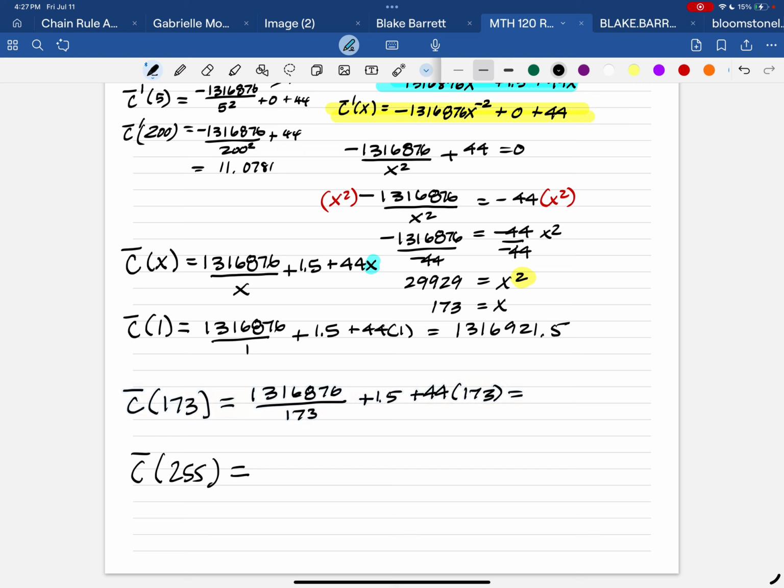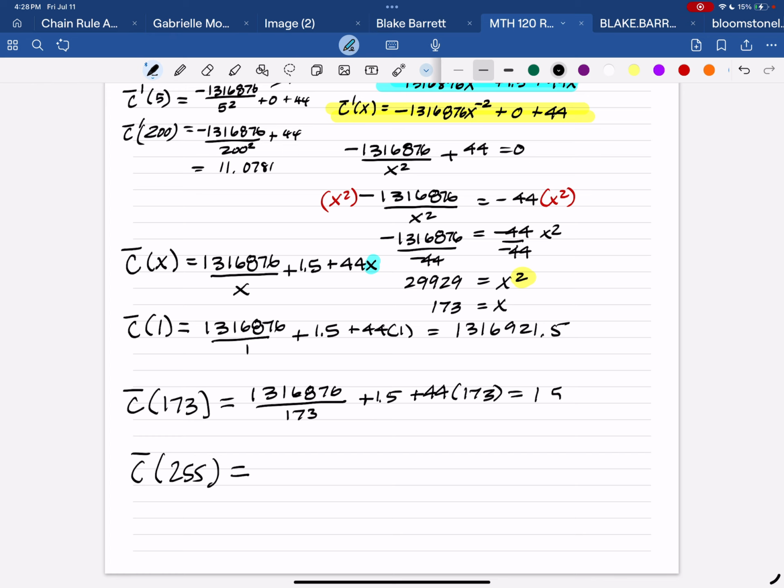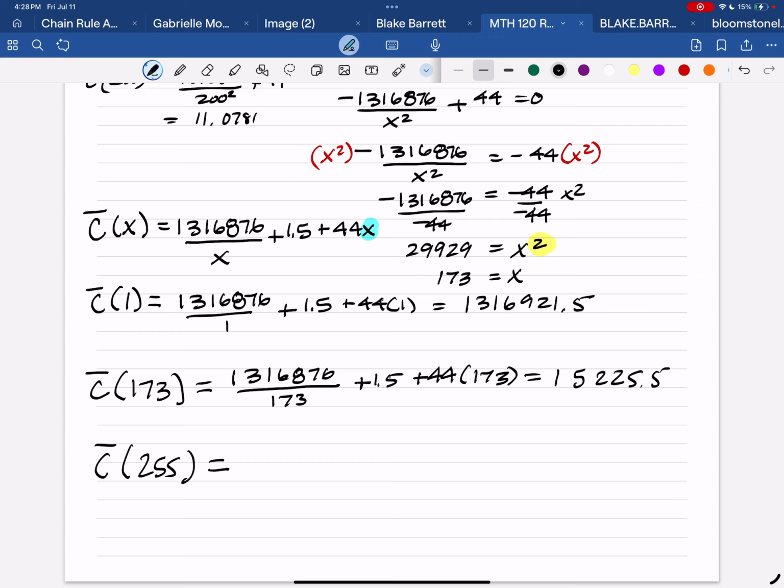I'm just putting it in the calculator. Okay, so it's 15,225.5. So it's still smaller than that million that's up there. So here I have 1,316,876 divided by 255 plus 1.5 plus 44 times 255.